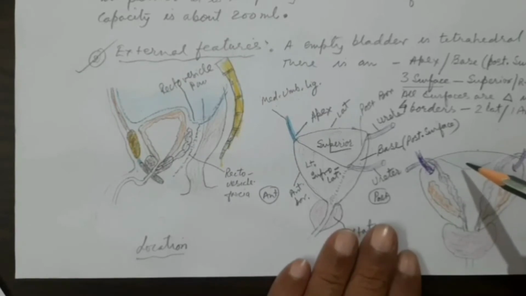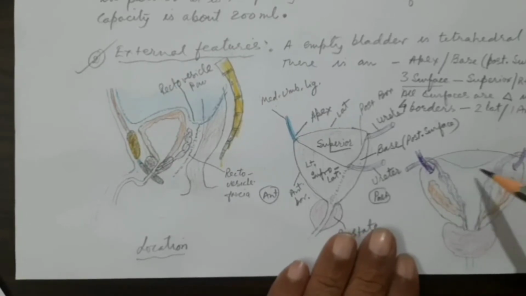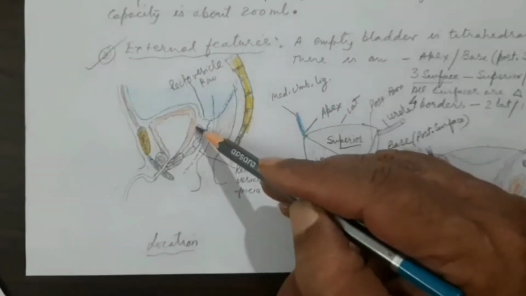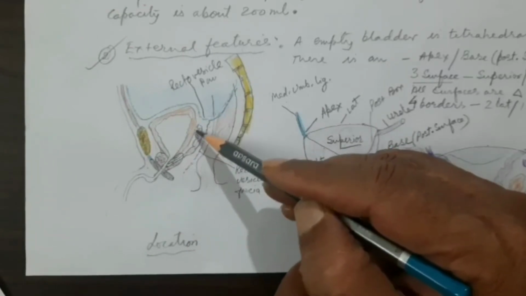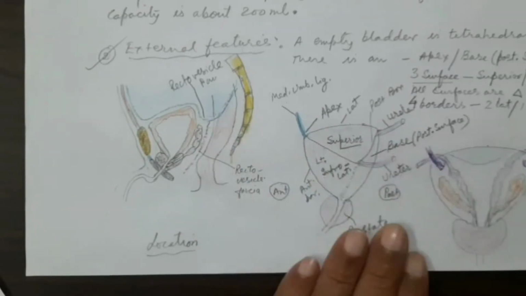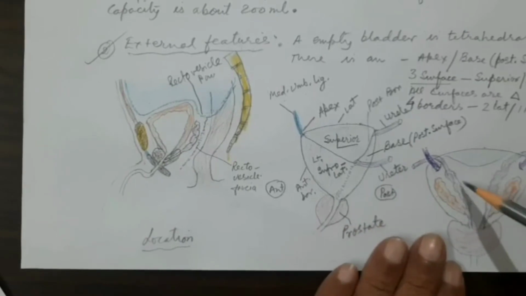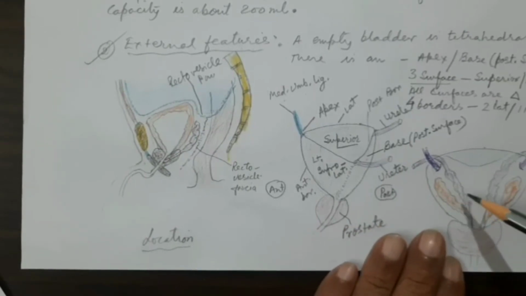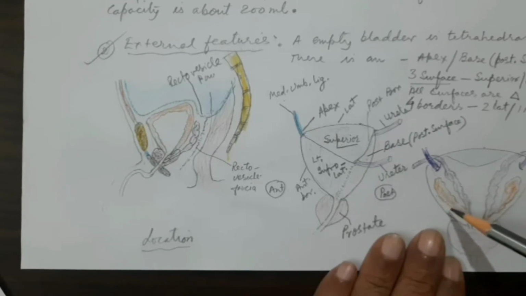Okay. Now, the other relations, which are not covered by peritoneum. See this, the whole of this posterior surface is not covered by the peritoneum. So this is in relation with two important structures. These are the seminal vesicles, the right and left seminal vesicle here.